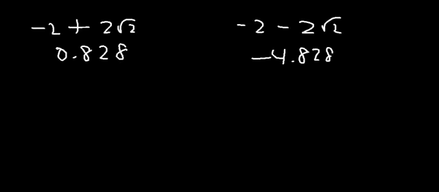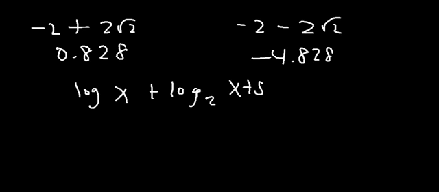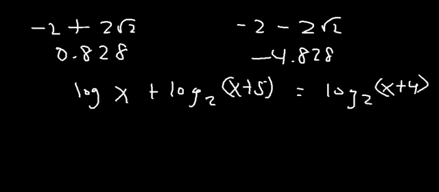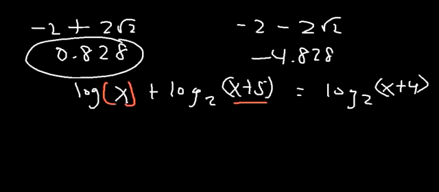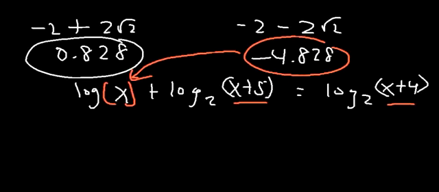Now, the reason why I'm doing that is because I want to see which answers work and which ones do not work in the original expression. Notice that positive 0.8 works. None of these values will be negative. But if we plug in negative 4.8 into x, we're going to have a negative inside of a log, and that doesn't work. So this is our answer.